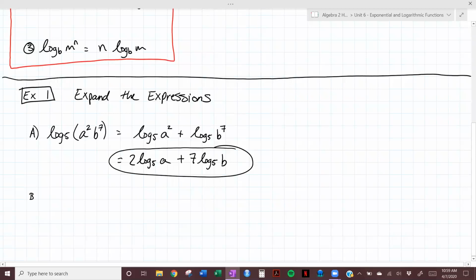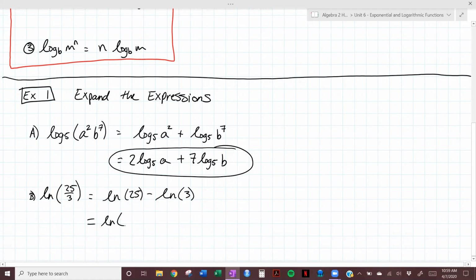For letter B, we have the natural log of 25 over 3. So we can rewrite this as the natural log of 25 minus the natural log of 3. However, we can break 25 down even further.